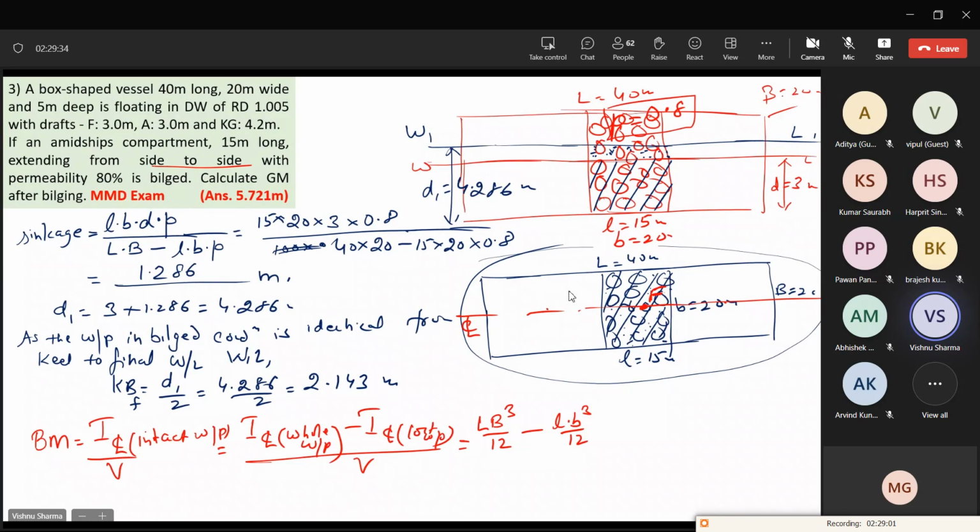But if the area has been reduced, the moment of inertia will reduce in the same proportion as the permeability, divided by the volume of displacement LBD. Putting the values: length is 40, breadth is 20, so 40 into 20 cubed by 12, minus 15 into 20 cubed by 12 into permeability of 0.8, divided by 40 into 20 into 3, and you will get the BM.